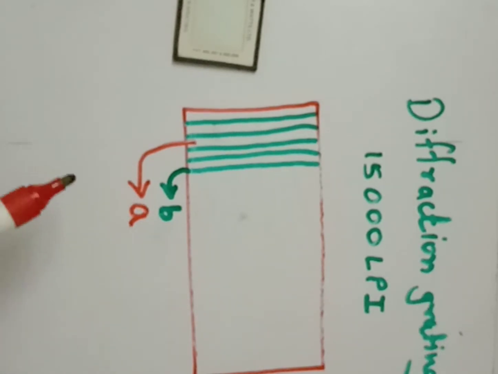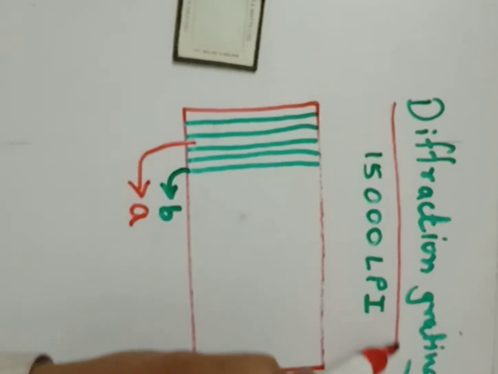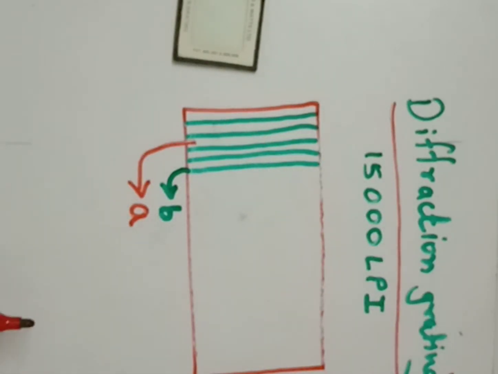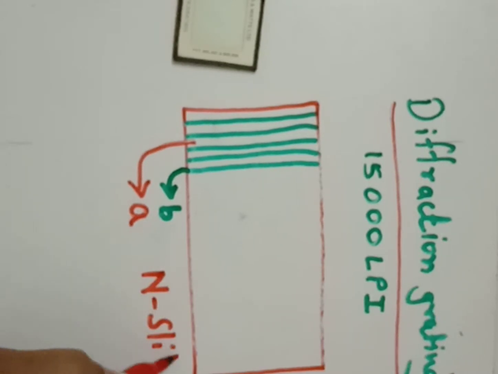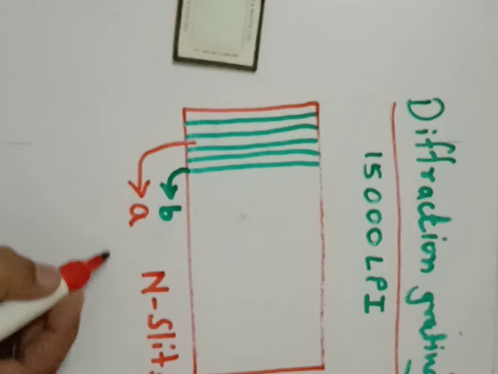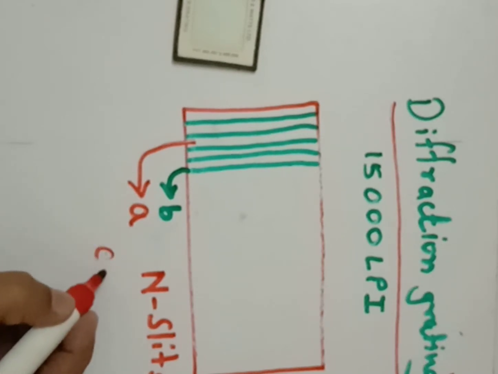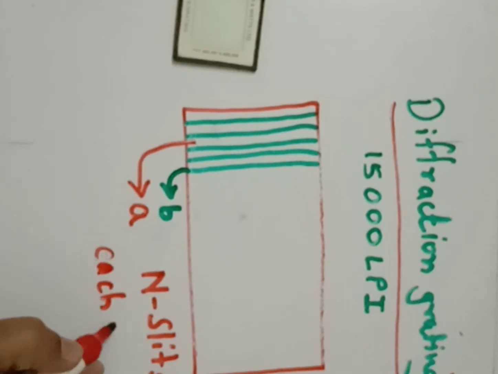So now we can say a diffraction grating is basically an arrangement of n slits, each of width a, separated by opaque space of width b between them.